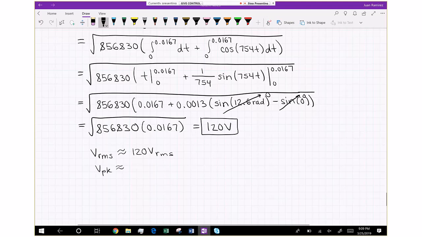The peak value of that voltage is about 169 volts. The frequency we know is about 60 hertz. In many other places in the world, it's 50 hertz. The angular frequency is 2 pi times the linear frequency, 377 radians per second.